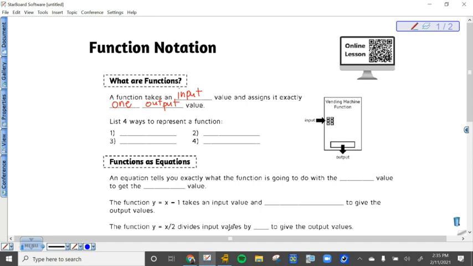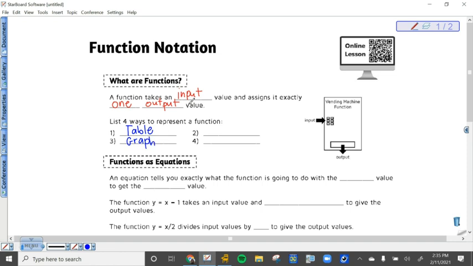We have 4 different ways. I mean, there's more than 4 different ways, but 4 that we use in math classes to represent a function. So we can use a table, a graph.